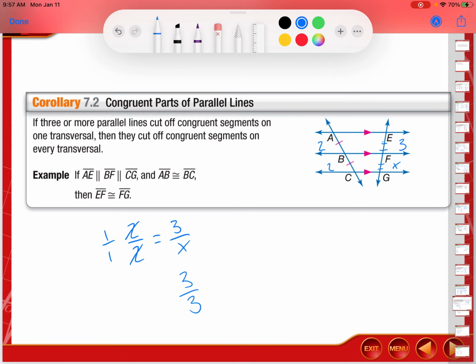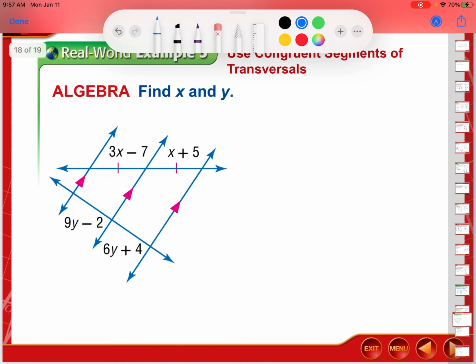So this is really just saying if you have 3 or more parallel lines cut by transversals, and on one transversal you have 2 congruent segments, then you have 2 congruent segments on the right-hand transversal as well. That doesn't mean the right and left-hand transversals are going to be congruent, but just in general, they're going to be congruent.